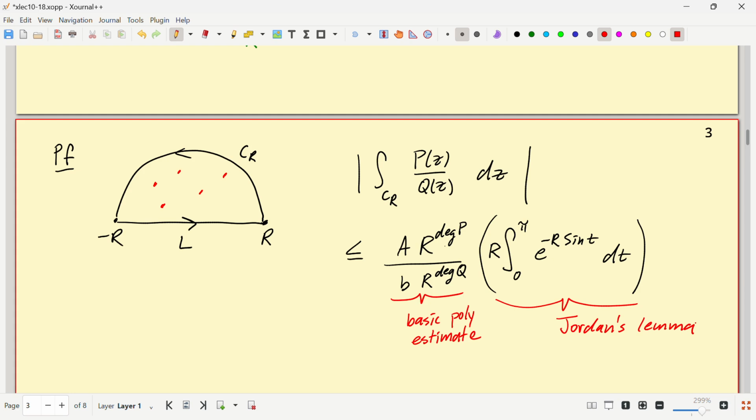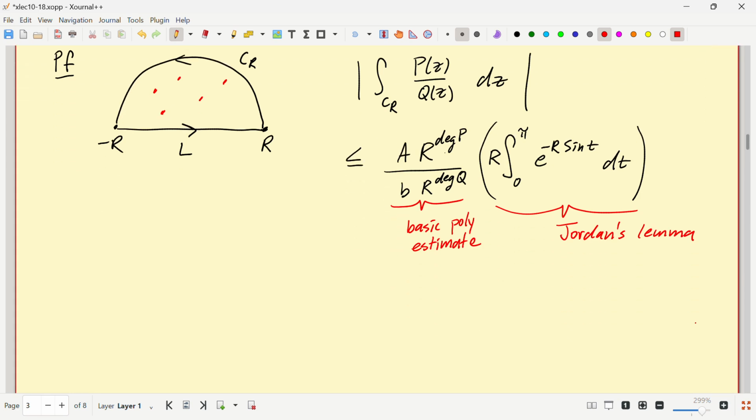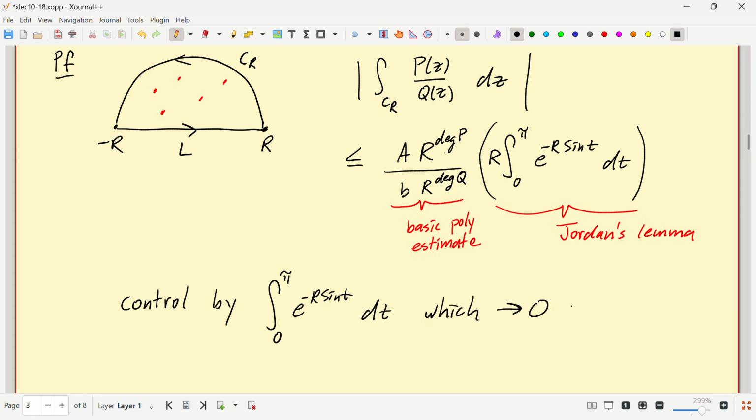And so I can estimate that, and we control it by that famous integral from 0 to pi of e to the minus r sine of t dt, which goes to 0. Anyway, I won't repeat the gory details because they're very much the same as the calculations I did in that previous thing.